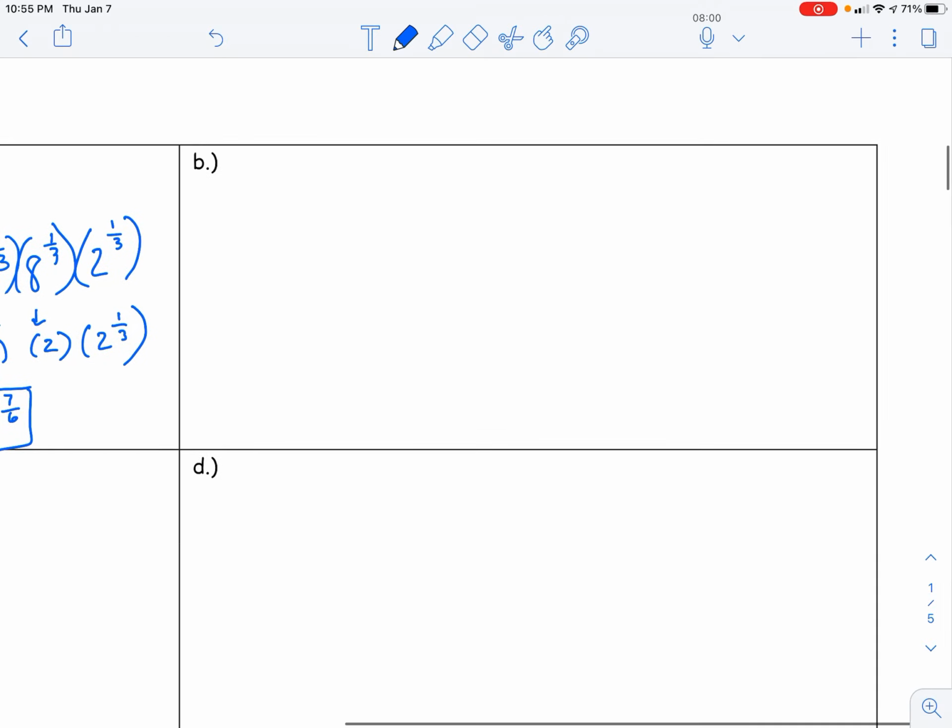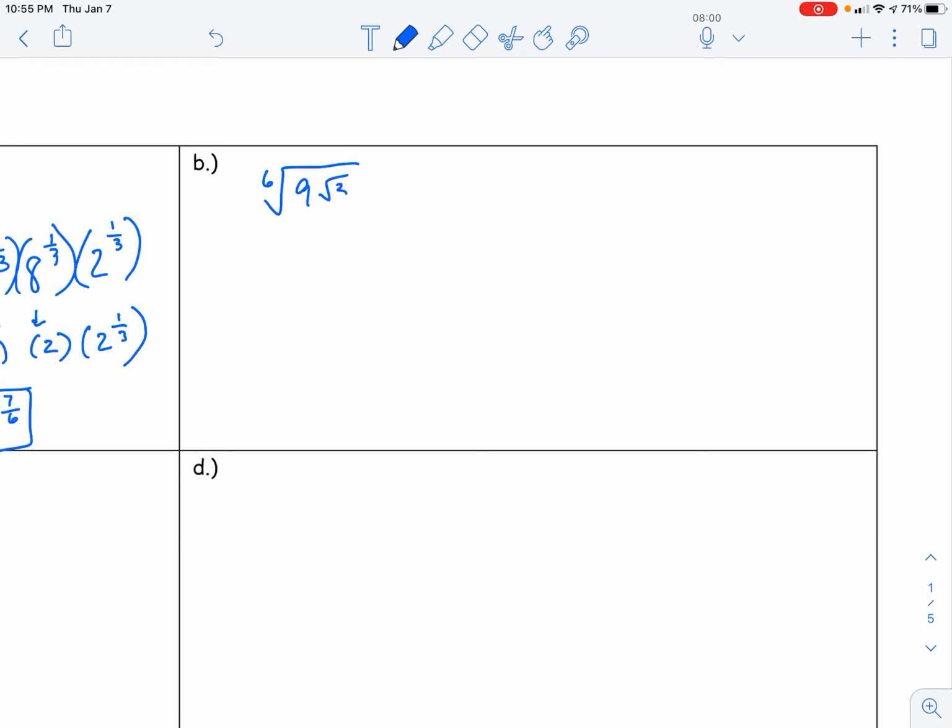Okay, letter B. Here's another one. We have a problem that looks like this. 9 times square root of 3. Okay, so already I identify that I need to take this 9 and make it with a base of 3. So we're going to rewrite this like so. 3 squared times the square root of 3.